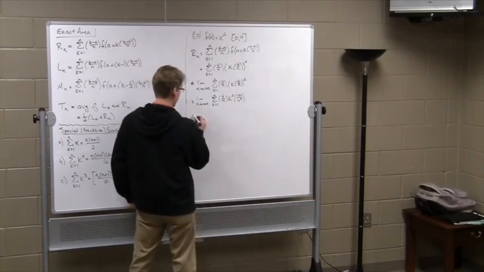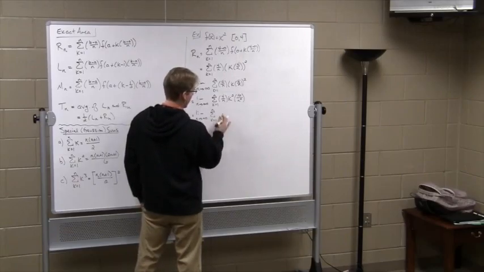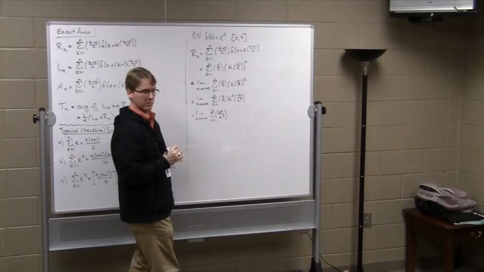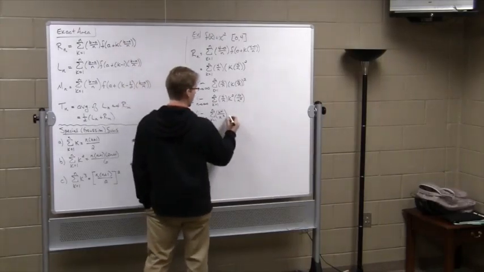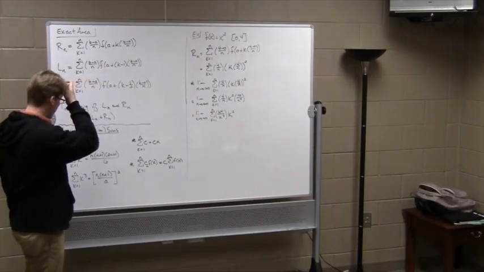Okay, so I'll have the limit as n approaches infinity of the sum, k goes from 1 to n. All right, the 4 and the 16 give me 64, and the n squared gives me n cubed. Cool? All right, and the k squared is left over. Now, part of that looks good.